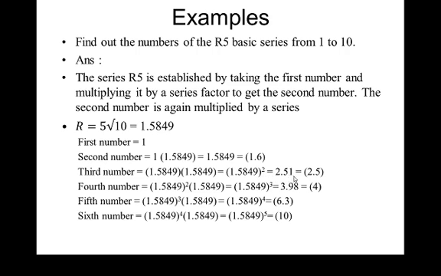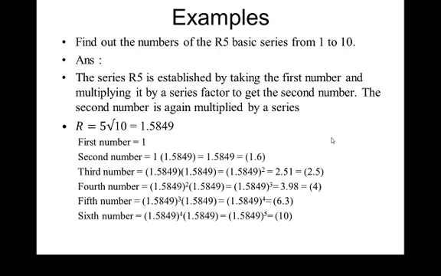I will get 2.51. For the fourth number, it is raised to 3, giving 3.98. The fifth number is raised to 4, and the sixth number is raised to 5. Finally, I will get a value equal to 10. This is the simple example solved using the R5 series.